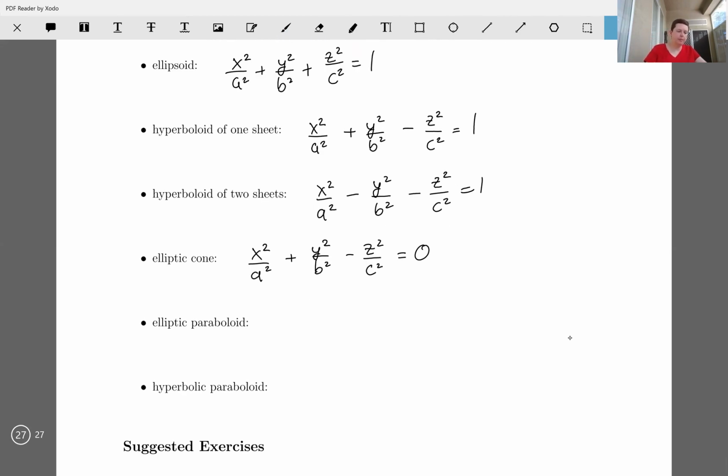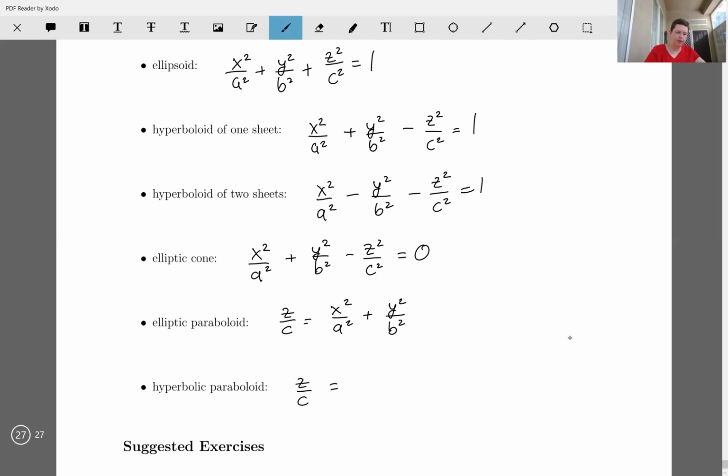An elliptic paraboloid is given by z over c equals x squared over a squared plus y squared over b squared, which just looks like a parabola that's been sort of rotated around. And a hyperbolic paraboloid is z over c equals x squared over a squared minus y squared over b squared.